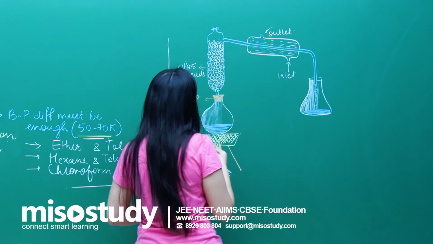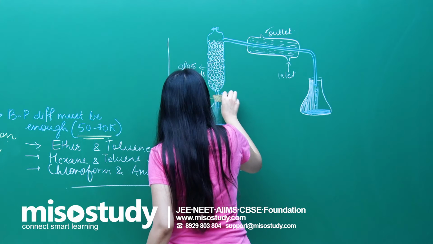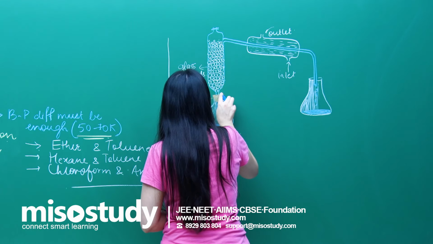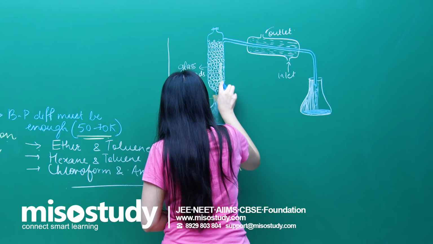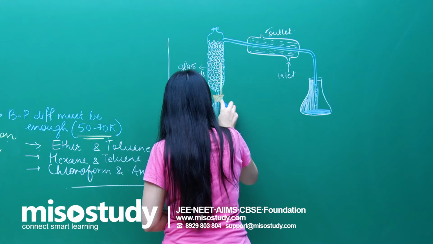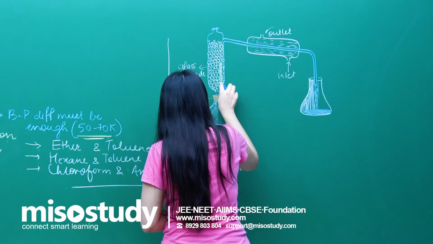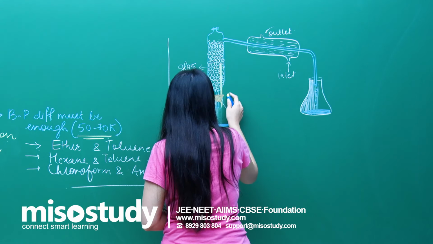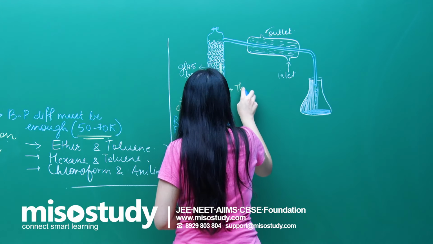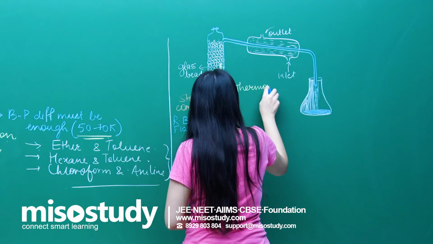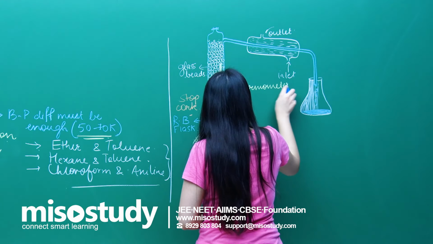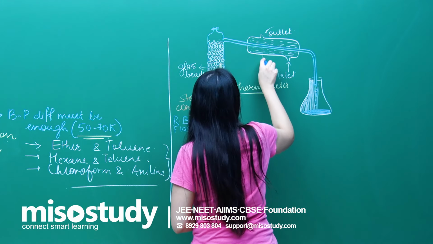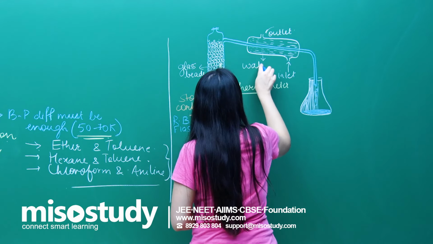Here also what we are missing out again is a thermometer. A thermometer is also kept over here along with the fractionating column. I am just making, because there is not enough space, the thermometer like that. So that is a thermometer. Fine, that is the water condenser. So always and always mark the things.